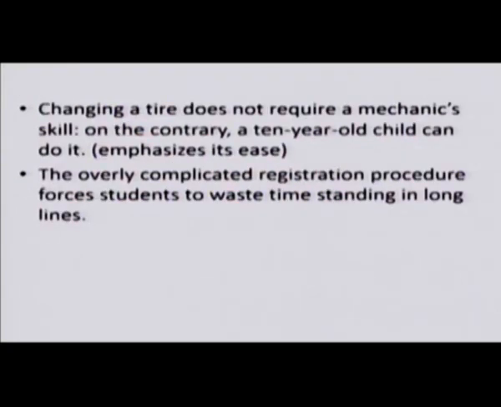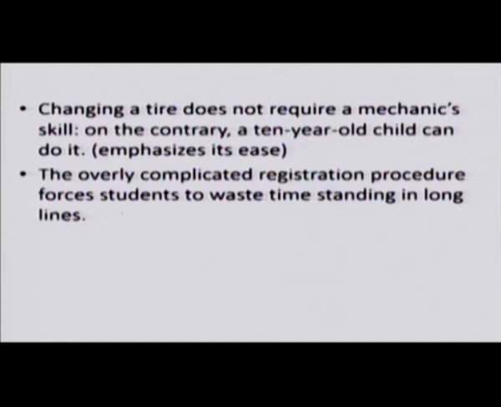Let us look at another example. Changing a tire does not require a mechanic's skill. On the contrary, a 10-year-old child can do it. So, here the writer wants to emphasize the ease of the process by bringing up the factor that even a 10-year-old child can do it. Let us look at another example. The overly complicated registration procedure forces students to waste time standing in long lines.